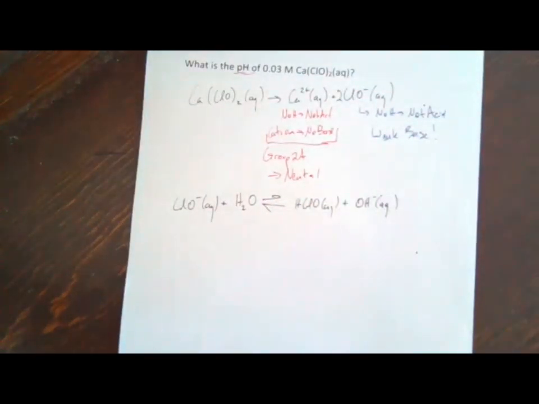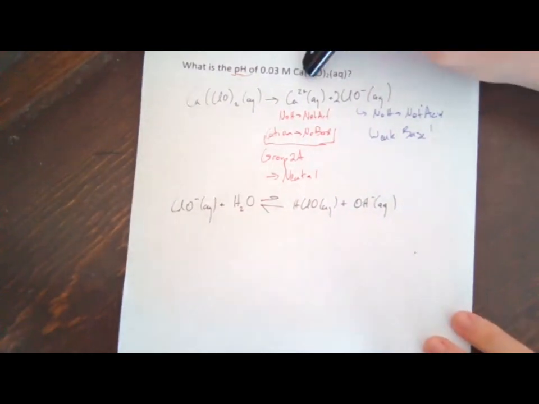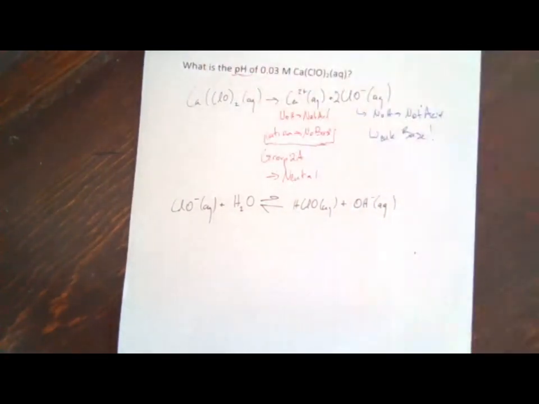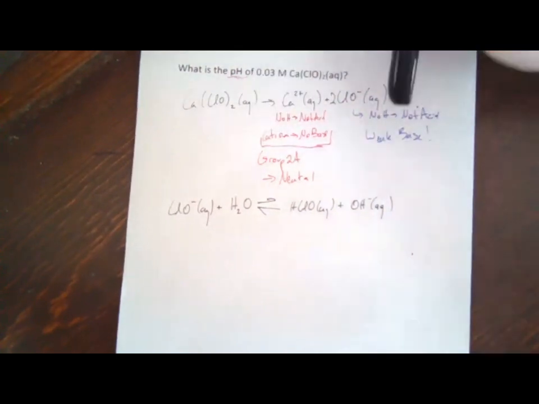Functionally, this problem becomes a weak base pH problem. When you're dealing with a salt, you do need to figure out what kind of salt it is and what's going on with it. They're usually going to be either a weak acid or a weak base. At that point it just becomes, what's the pH of this weak base solution?